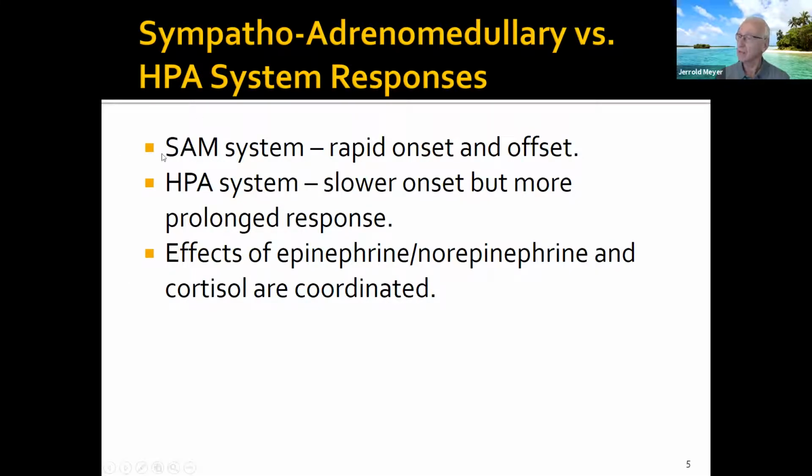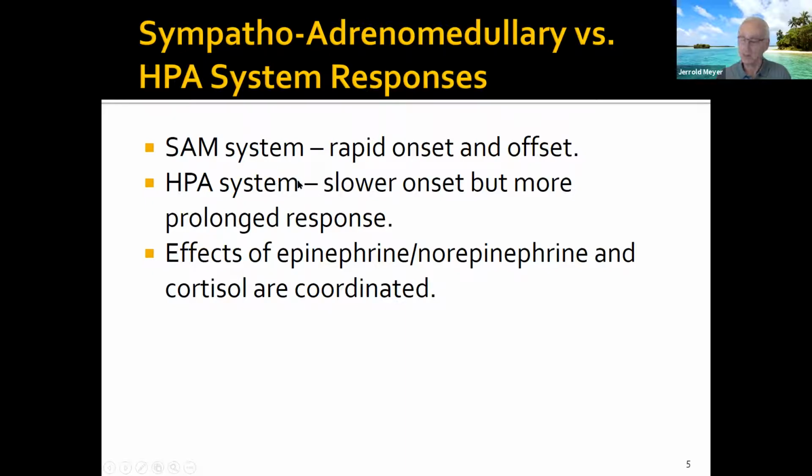So SAM, Sympatho adrenal medullary system, rapid onset and offset. So that squirt of catecholamines that's released into the blood peaks very quickly, and then when the stressor is over, the levels go down also very quickly due to metabolism and clearance of those hormones.